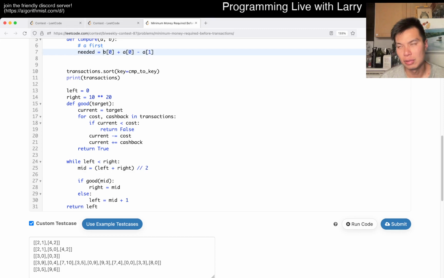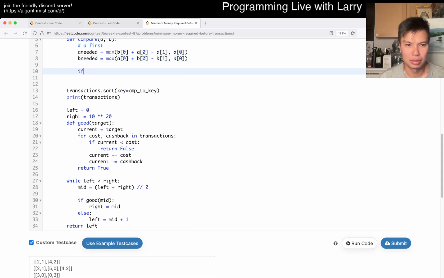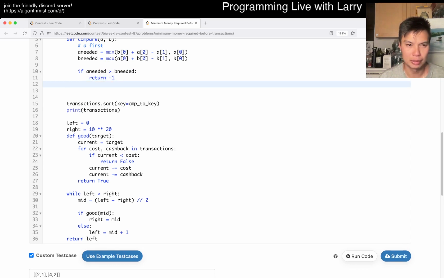it's either this or A0 in general. So A needed maybe. And then it's the other way around for B. So if we needed A more, then we return -1 because A is better.